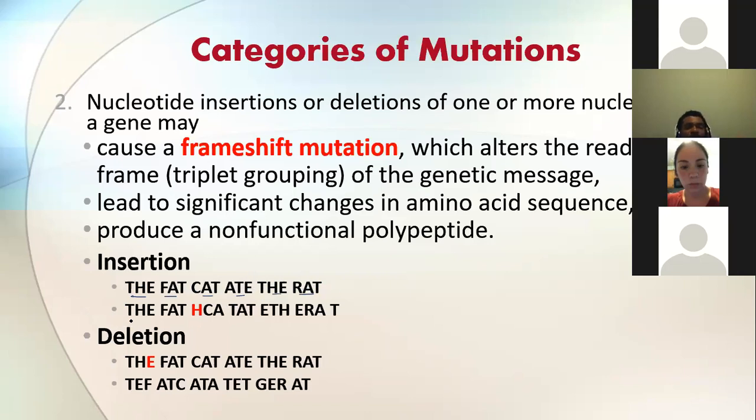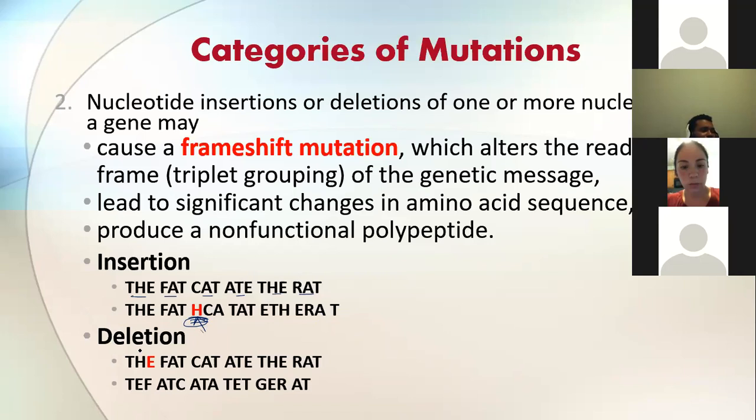After mutation, we really cannot read anything. The fat, HCA, TAT, ETH, ERAT. So over here, we have insertion of one new nitrogenous base between C and T. Because of that insertion, the entire reading frame has been changed, and it really does not make any sense.